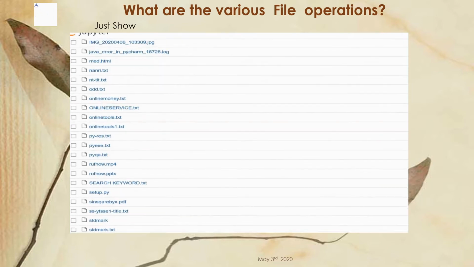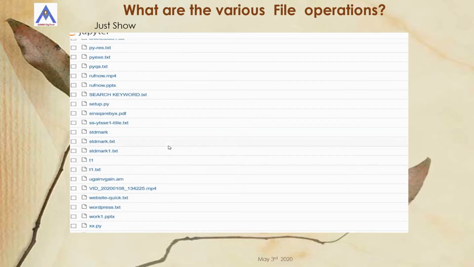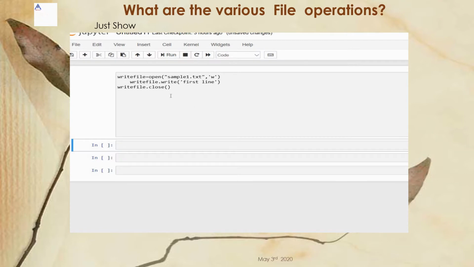So go down to your alphabetical order, that is sample1.txt. Sample1.txt is not created yet. So again you have to check write file dot close, write file dot write first line.